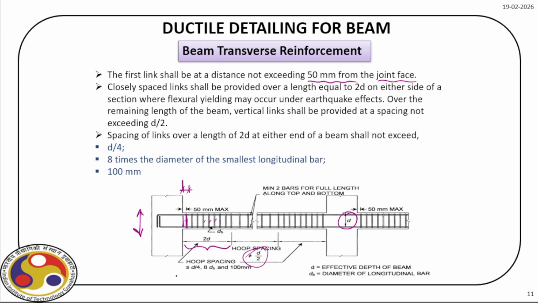Now, spacing of links over a length of 2d at either side of the beam shall not exceed d by 4, 8 times the diameter of the smallest longitudinal bar, and 100 millimeter. So during this detailing, we have to keep in mind that the spacing between these two bars should assure this guideline, right?